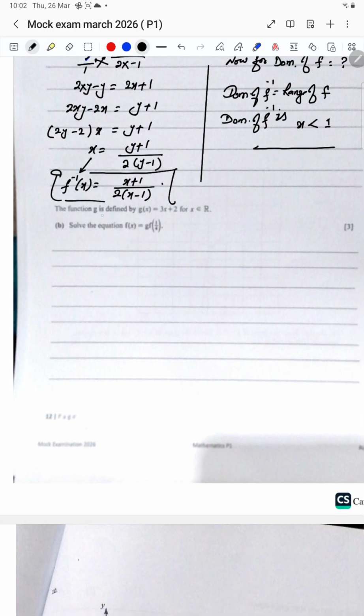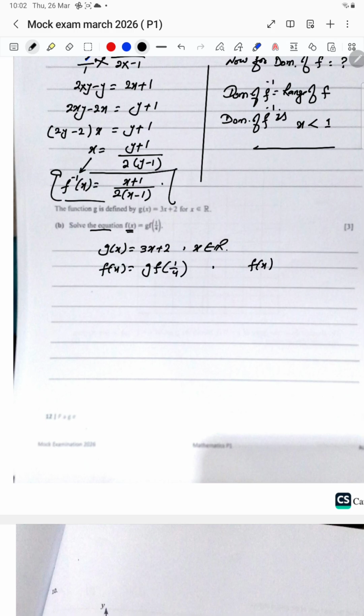Now the function g is defined by g of x equals 3x plus 2 for x belonging to the real numbers. Solve the equation gf of x equals gf of 1 by 4.